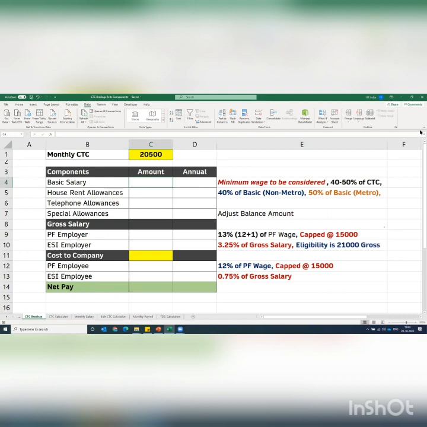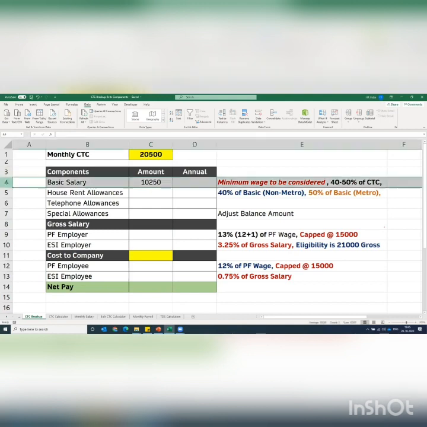Now, let's calculate the first step, that is, the calculation of the basic salary. Let's take it as 50% of the CTC. I'm taking 50% of CTC as basic salary, and considering that this 10,250 rupees is either equal to or more than the minimum wage of the state, it means we are complying with the minimum wage criteria of the state.